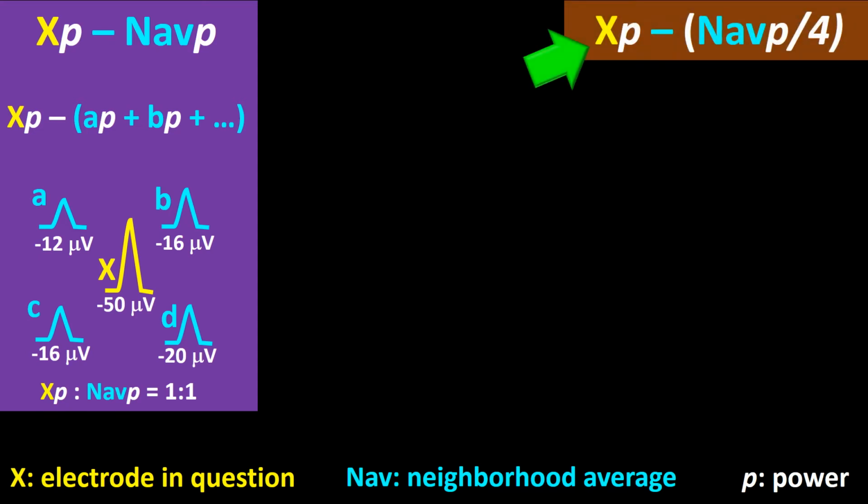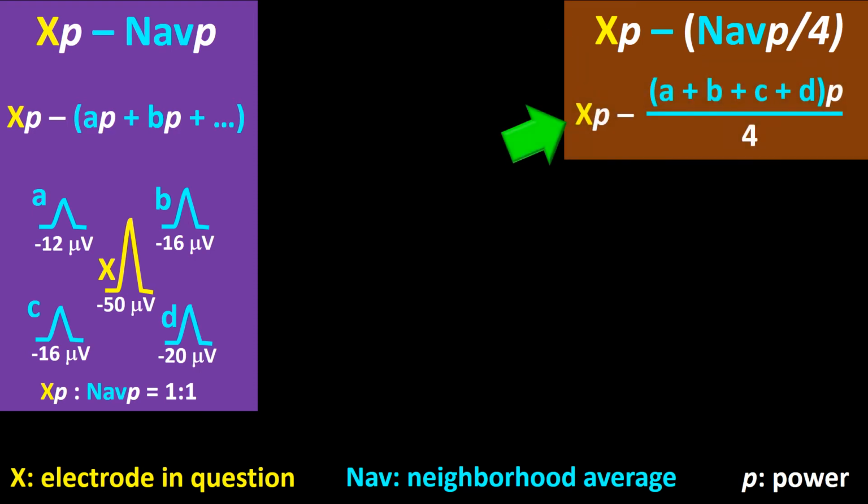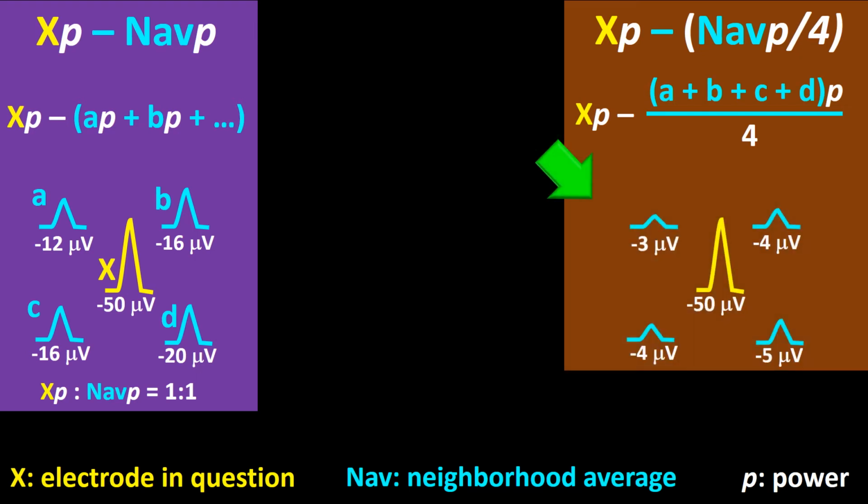In Laplacian montage, we can consider the value of X as being the power of X minus the average of the power of the surrounding electrodes divided by 4. This is, I hope, slightly clearer represented in this equation and depicted in this figure.